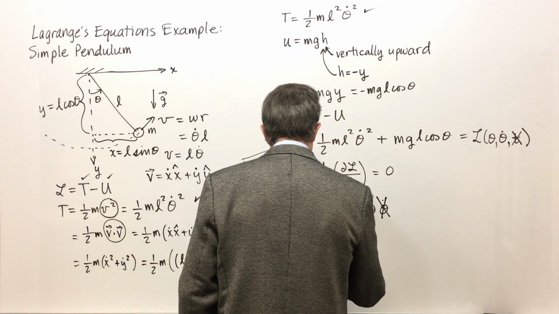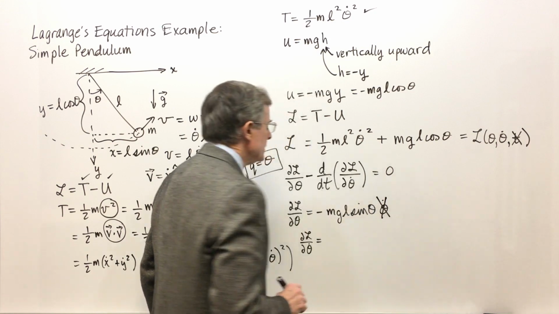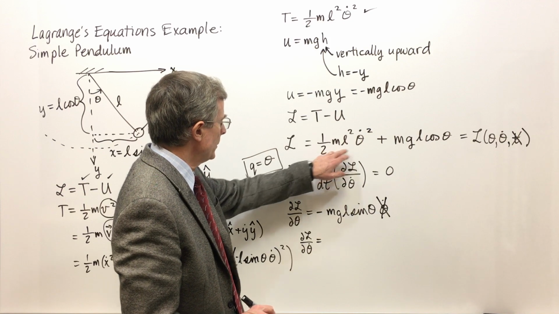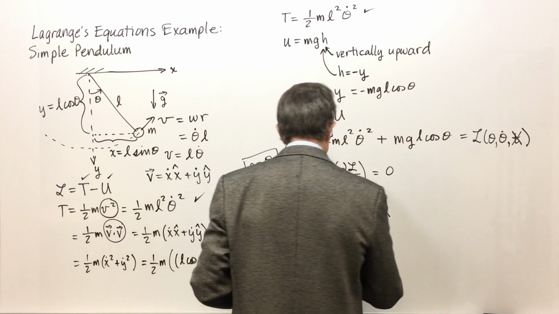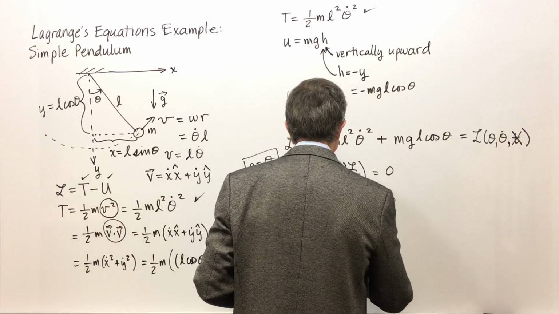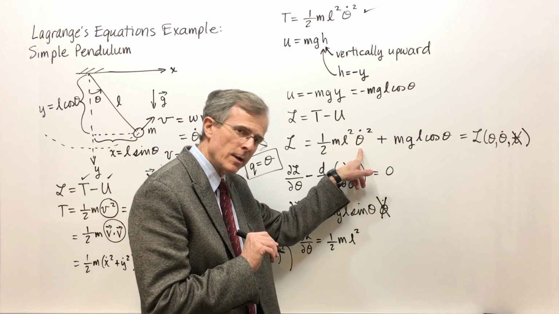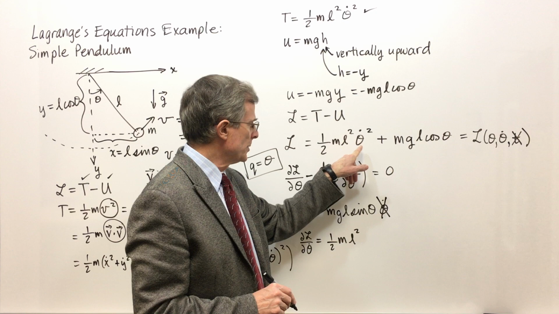And then dL/d theta dot. Same kind of deal. We'll get a contribution from this term, 1/2 m L squared, and then the derivative of theta dot squared with respect to theta dot is just 2 theta dot.